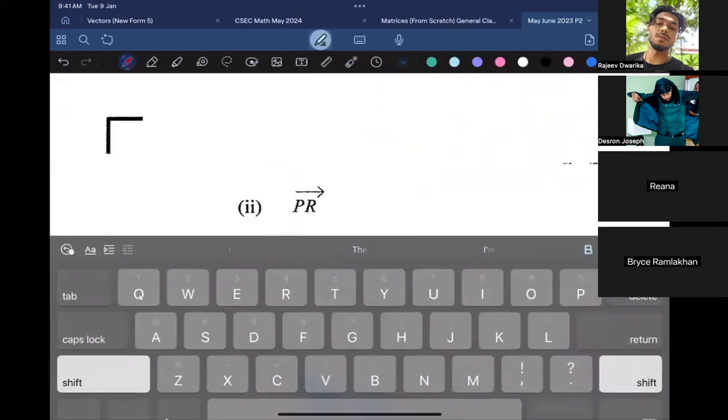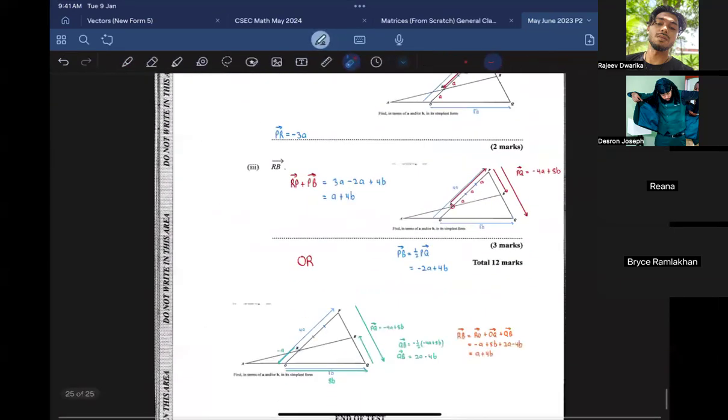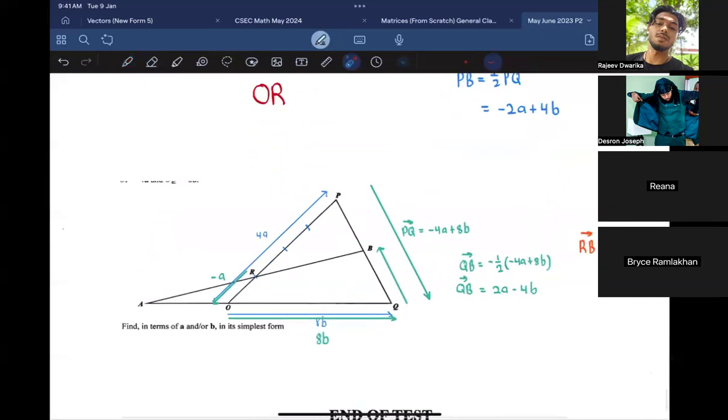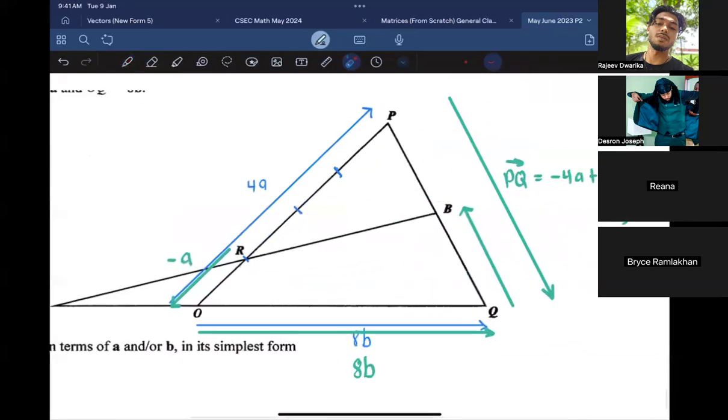I was already doing the second one, but I don't know how to get the 2A minus 4B. So I was really confused. Well, let me explain. The other method is to go from R to O, then O to Q, and then Q to B. Yeah, that's the one I was doing.